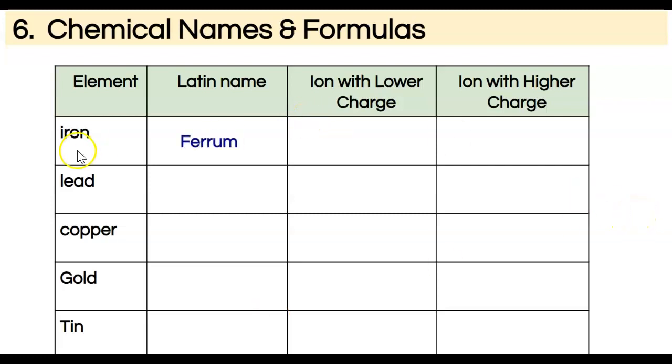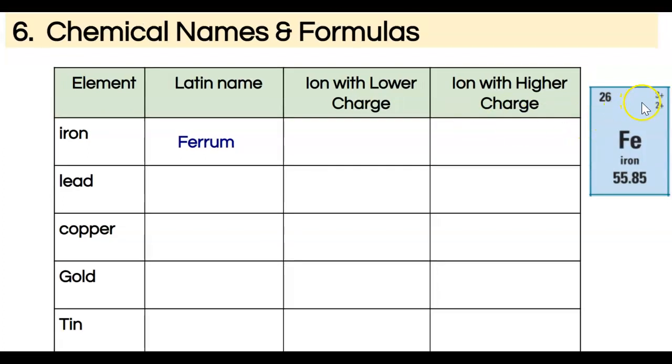So when I'm talking about iron, the Latin name for iron is ferrum. Okay, and that should make sense because, you know, what's the chemical symbol for iron? Well, it's Fe, right? And so if I'm talking about the lower of the two charges that are possible for iron, well, that's going to be the 2+ charge. So Fe2+. And then the higher of the two charges is going to be that Fe with a 3+ charge.